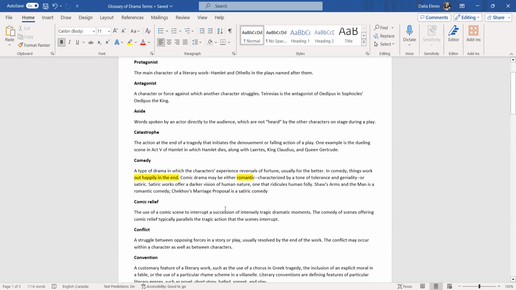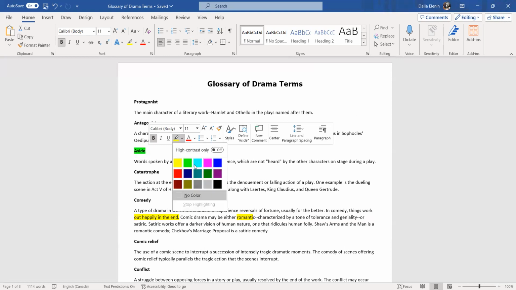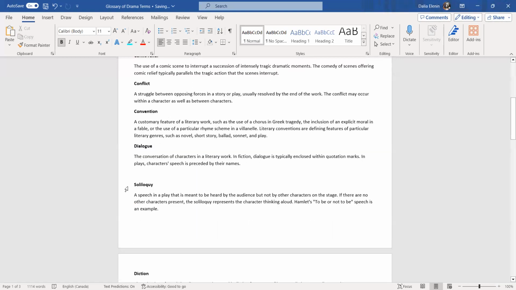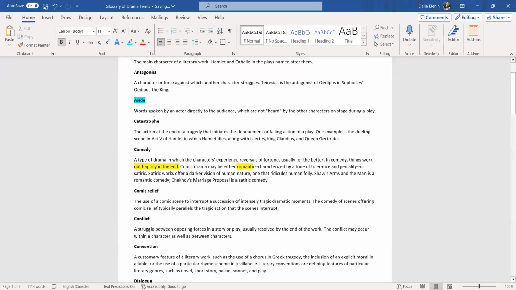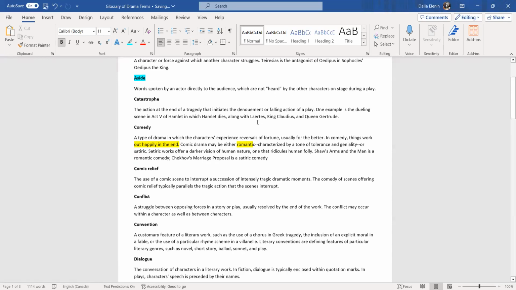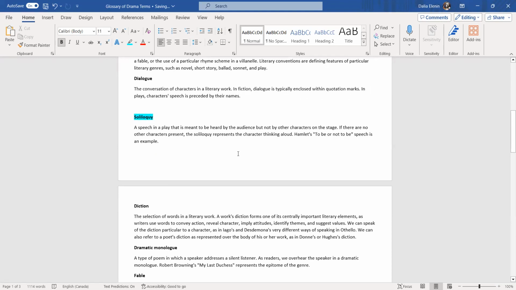Okay, you have here the aside. Look at that. An aside is different from a soliloquy because in the aside the character is talking to you, and the other characters are not hearing what is said. The soliloquy is also similar to this.